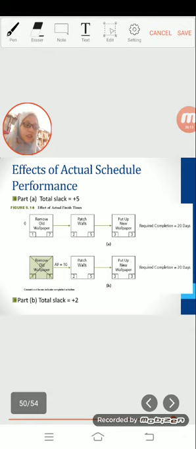As you can see, in part A, the figure is a network diagram for a simple project. It shows that the earliest the project can finish is day 15.